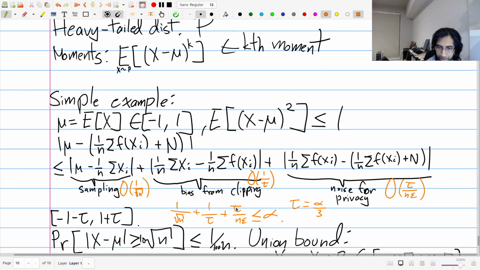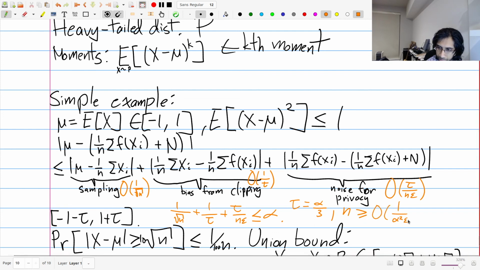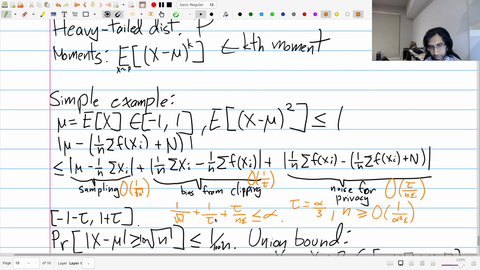And then based on that, to bound this term by alpha, we need that n is greater than or equal to O of 1 over alpha squared epsilon. So all we did was derive the magnitude of the error due to sampling, bias from clipping, and noise due to privacy.